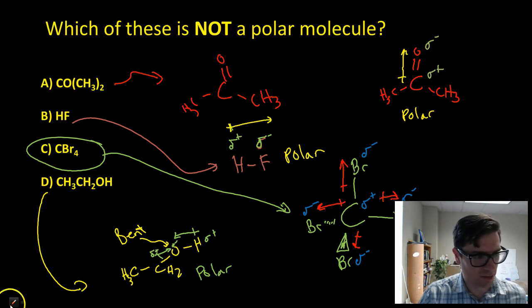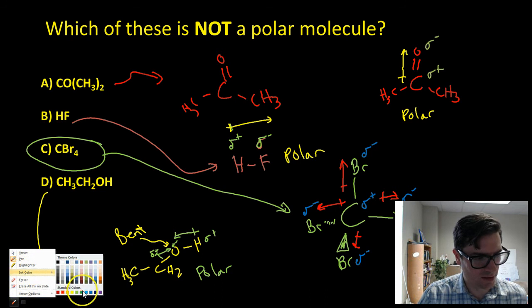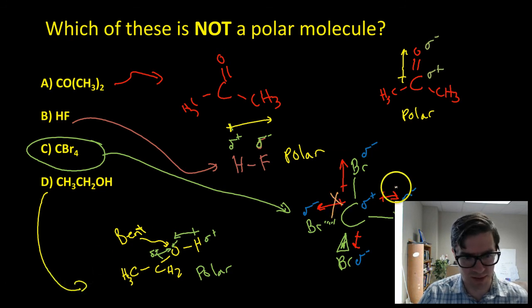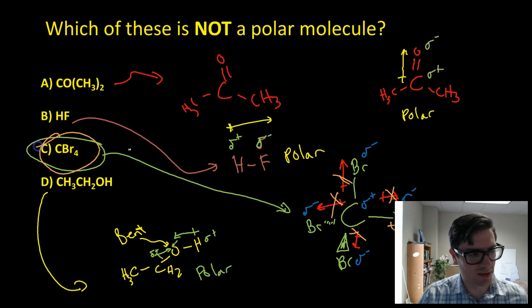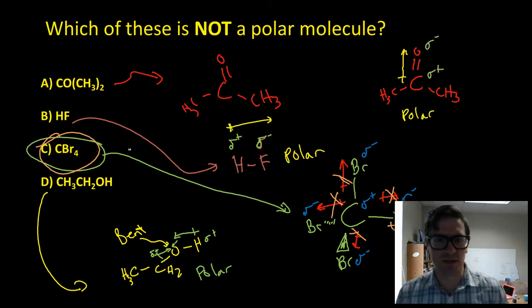So even though this has polar bonds in it, the molecule is not polar because they cancel out. This one cancels that one, and this one cancels that one, and so the net is nonpolar. Alright, so the correct answer for this was that carbon tetrabromide is the nonpolar one.